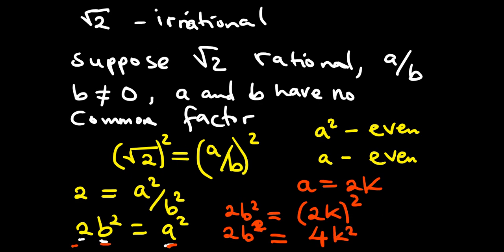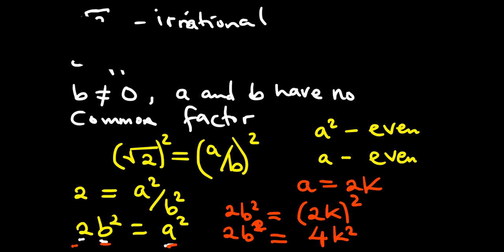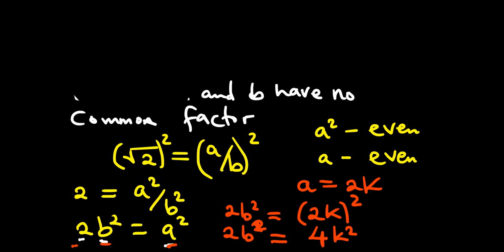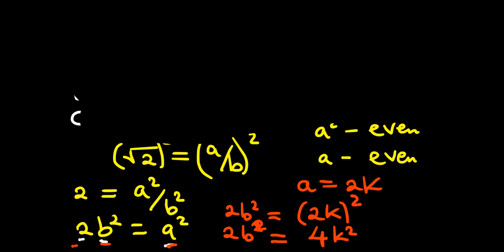So let me erase the upper part of the board. Okay, so I have that 2b squared is equal to 4k squared. Which means b squared is equal to 2k squared.